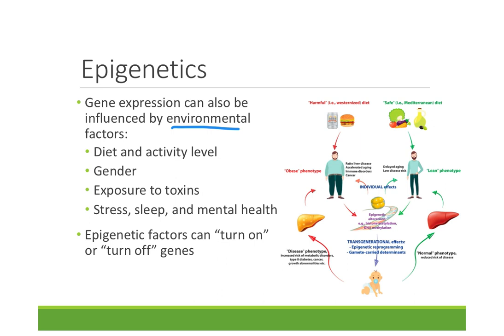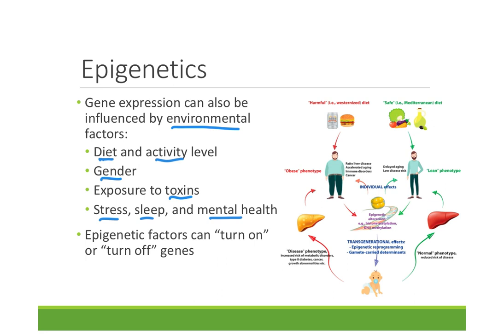So environmental factors such as the food available and the activity required of you, in some situations gender, have you been exposed to any poisons in the environment, how is the stress level or the amount of sleep you're getting, or your overall mental health, can all affect how genes are expressed.